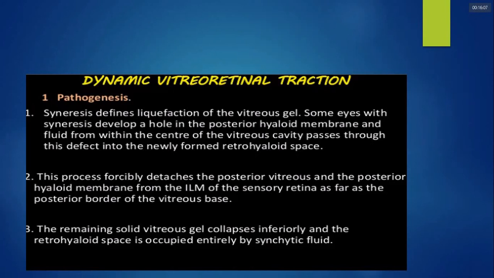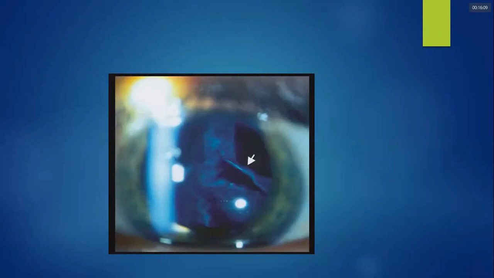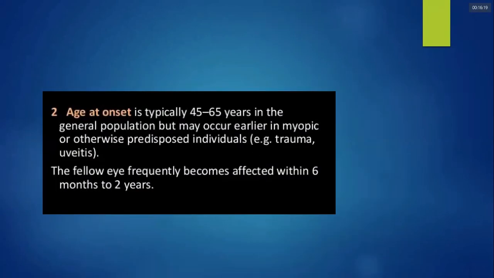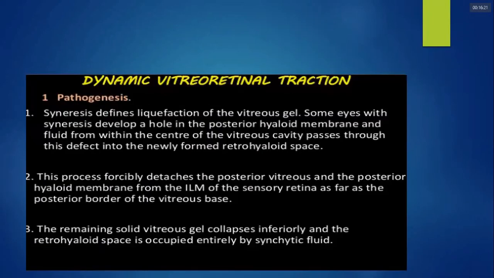So this space is gradually filled entirely by this fluid. When that space is wholly filled by the fluid, what happens? There will be more traction and the retina will be separated.